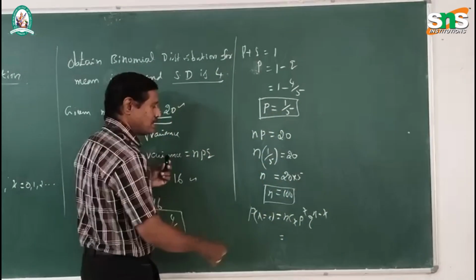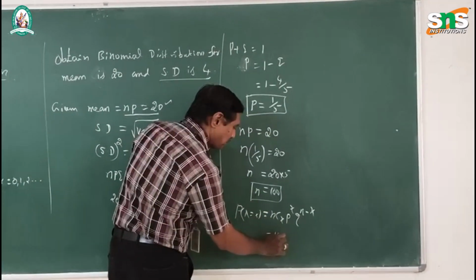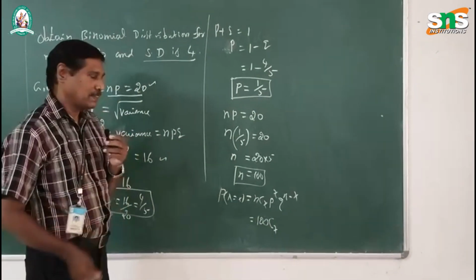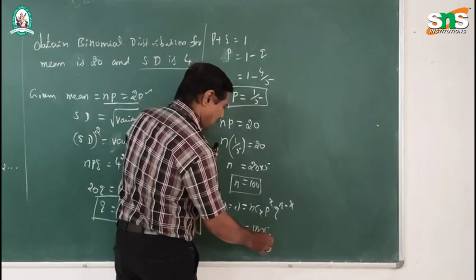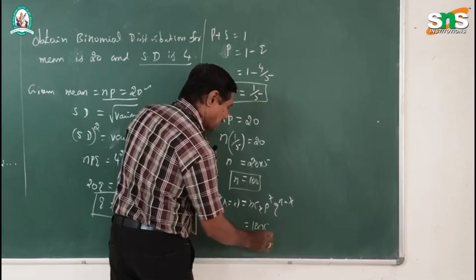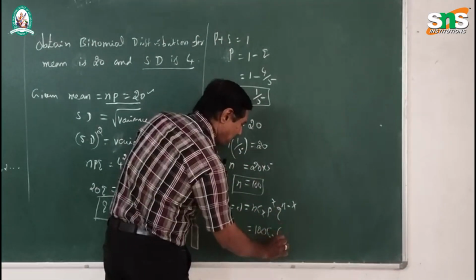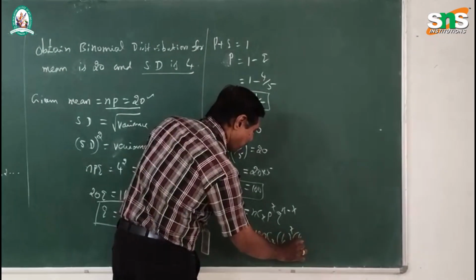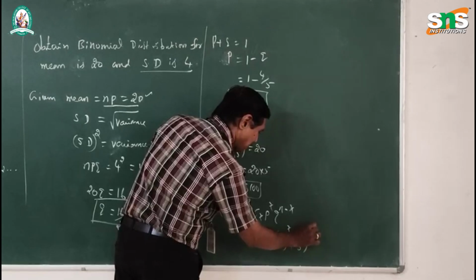So substitute all the values here. n is 100, and x is the number of success cases, n is the number of trials, and p is the success probability. So p is 1 by 5 power x and q is 4 by 5 power n minus x, where n is 100.